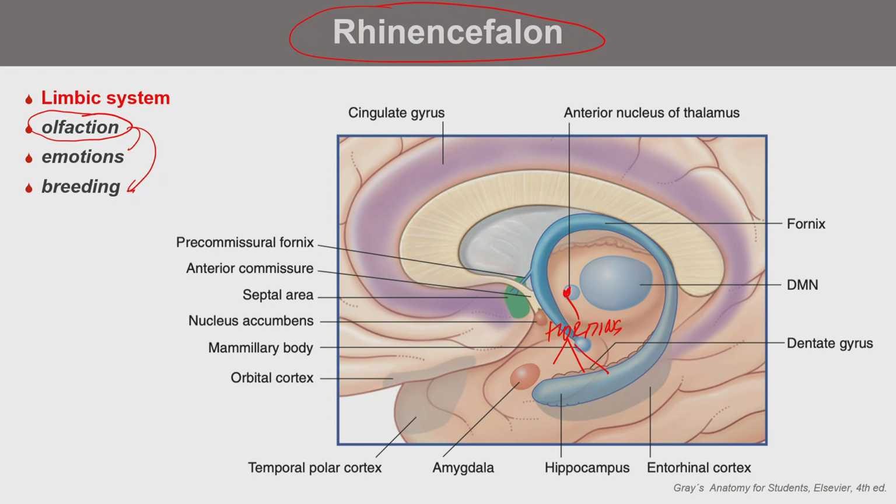The stress could be the examination in anatomy or the loss of a partner. It could be everything. So this is a very primitive, complicated system, which is transmitting external inputs to the system maintaining our inner environment.